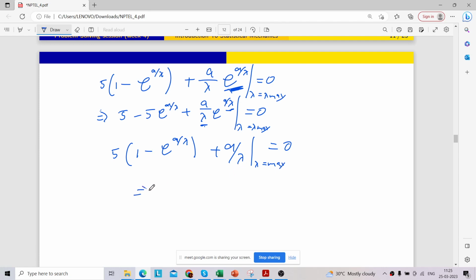Then I will get a form a over lambda equal to, okay, there is no mistake. I did it correct.